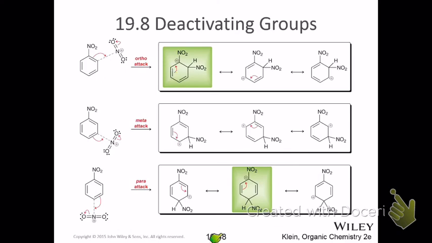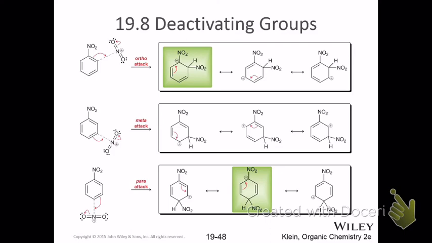If you do it in the meta position here, positive charge is here, it's here, and it's here. So it never actually gets right next to the electron withdrawing group, and as a result, is not destabilized by those two positive charges being next to each other. The para attack just takes one resonance structure.